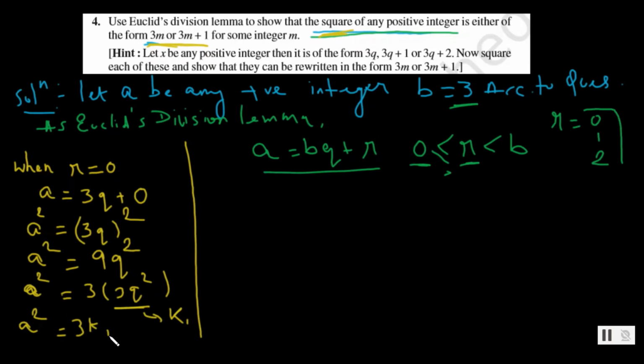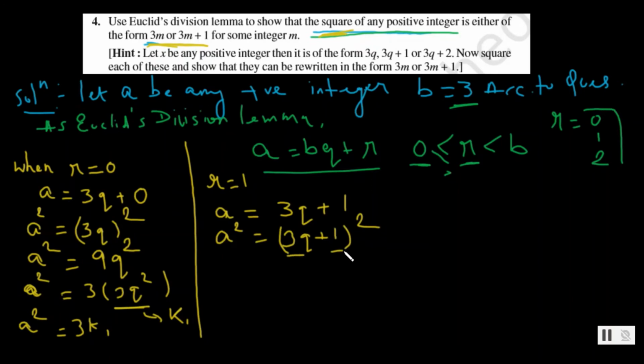Now again doing the same thing and putting r equals 1, we'll substitute the value 3q plus 1. Now squaring both sides, 3q plus 1 whole square. This is in the form of a plus b whole square, so we'll put the formula and expand it. a square equals, the formula is a square plus 2ab plus b square.